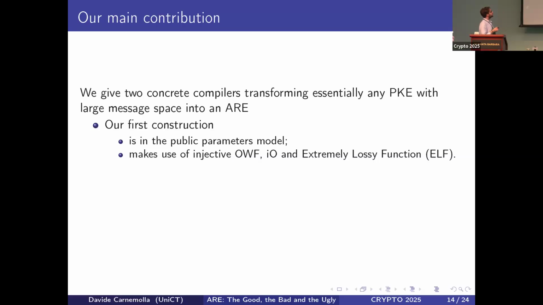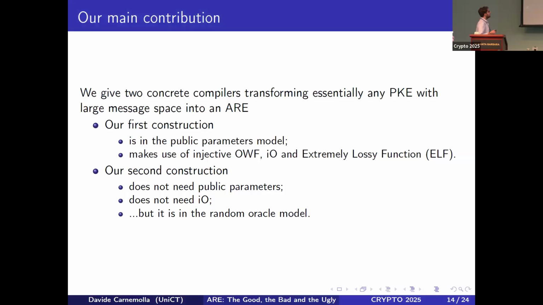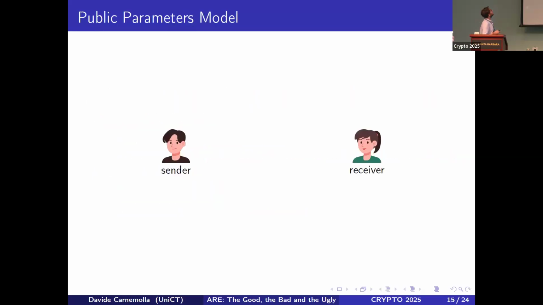In particular, the first construction is in the public parameters model and makes use of injective one-way functions, indistinguishability obfuscation, and extremely lossy functions. The second one does not need public parameters nor I/O, but it is in the random oracle model. For time reasons, I will talk to you only about the first construction.